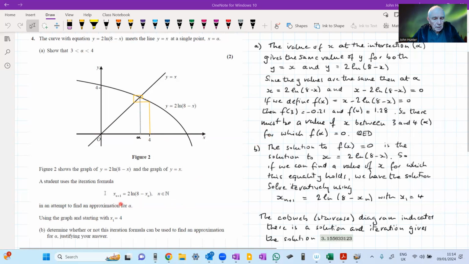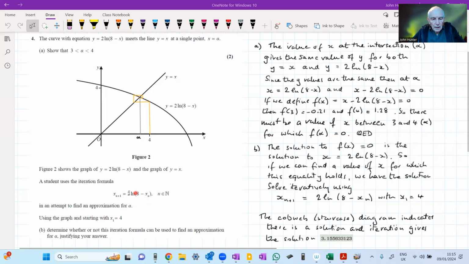Now the question goes on. Say a student uses the iteration formula x sub n plus 1 equals 2 natural log of 8 minus x sub n in an attempt to find an approximation for alpha. So we're trying to solve this equation.